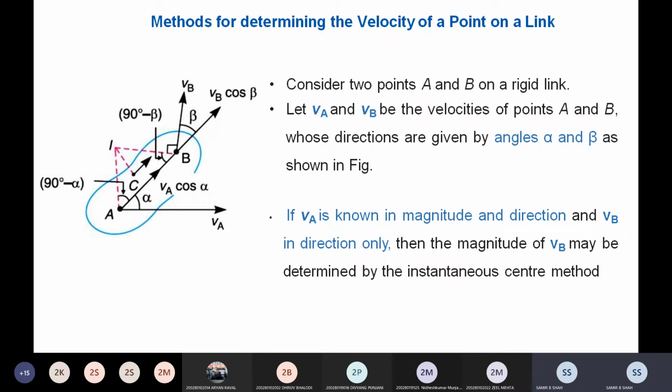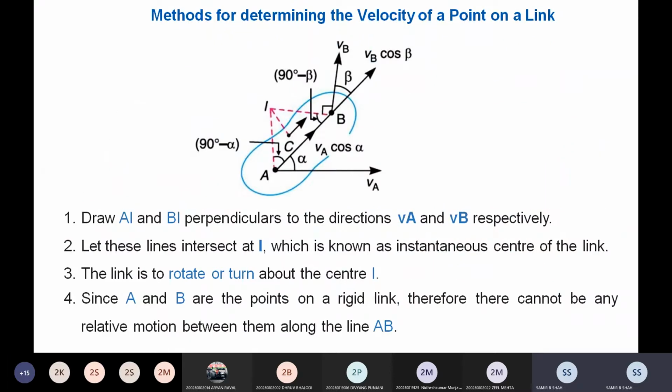If VA is known in magnitude and direction, and VB is known only in direction, then the magnitude of VB may be determined by the I-center method. When three quantities are given, meaning point A's magnitude and direction and point B's direction only, we can definitely find the velocity of B with the help of the instantaneous center method.